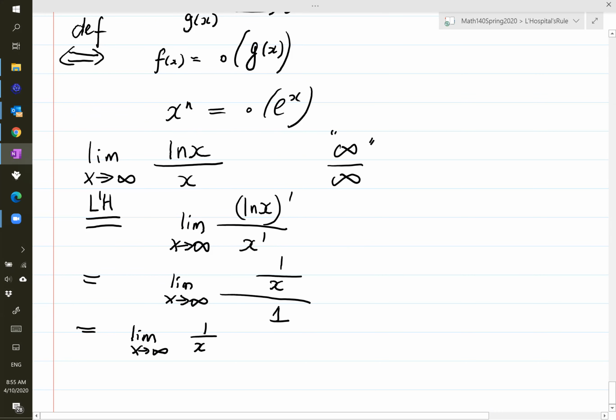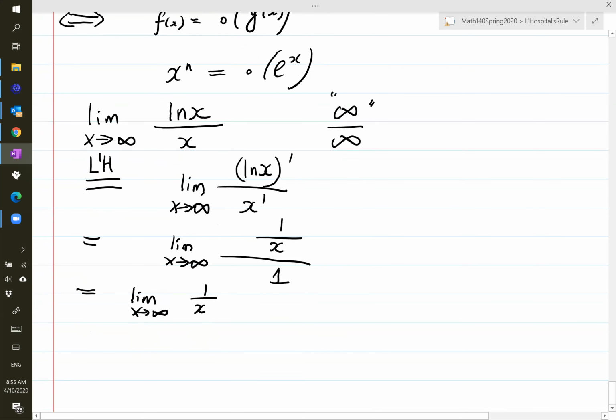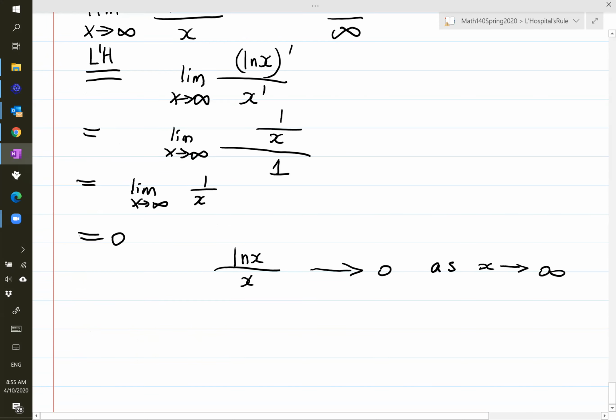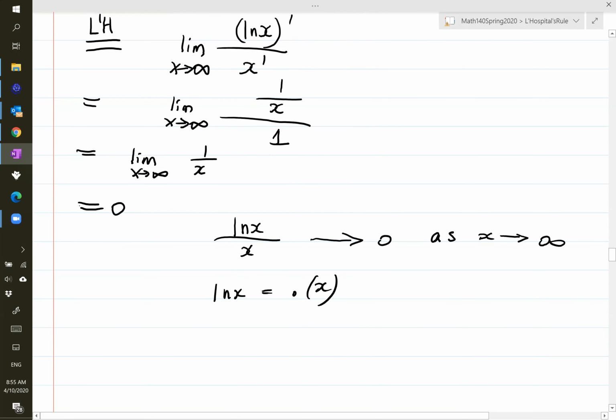Now as x becomes large, 1 over that number is really small, so the limit is 0. So this tells us the limit of log x over x approaches 0 as x approaches infinity. Using this little o notation, we can write log x is little o of x, i.e. log x is smaller than x, dominated by x.